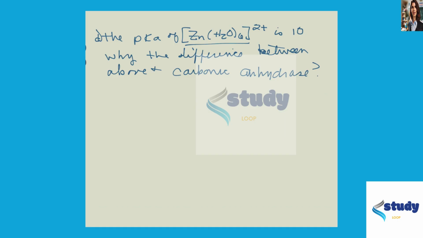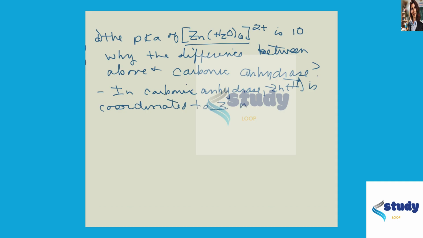So in the carbonic anhydrase, the zinc 2 is coordinated to the 3 nitrogen-containing N groups and 1 H2O.